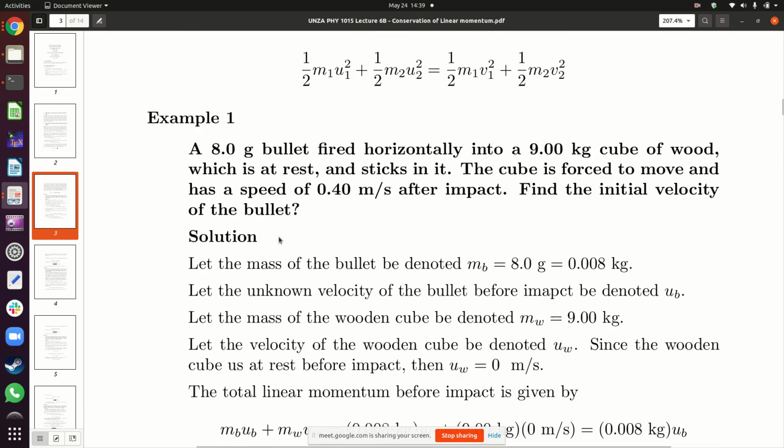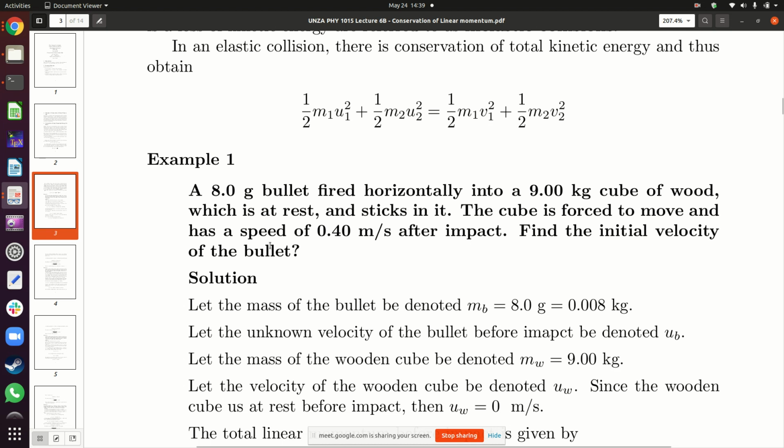For us to use that equation, we need to know the mass of the bullet. The mass of the bullet, mb, is 8 grams. But we do not do calculations in grams, we have to do calculations in kgs. So that 8 grams becomes 0.008 kgs. The velocity of the bullet before it strikes the wood is what you're looking for, and we denote that as UB, the initial velocity of the bullet.